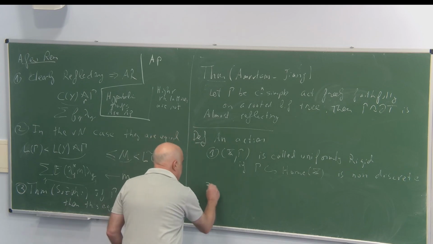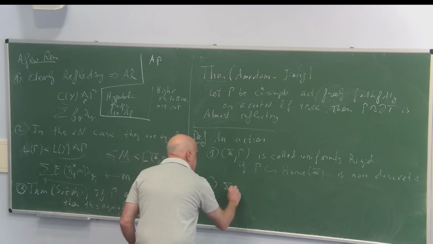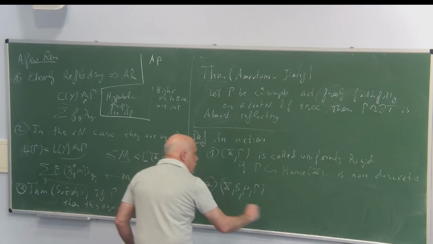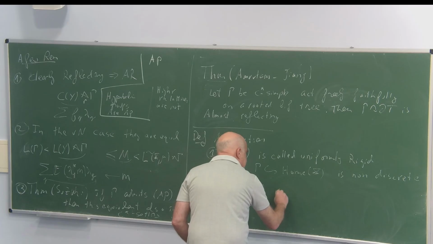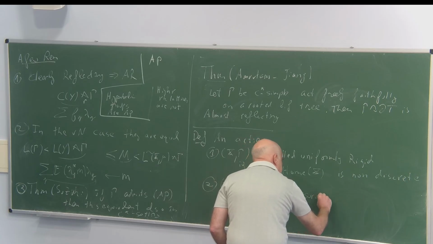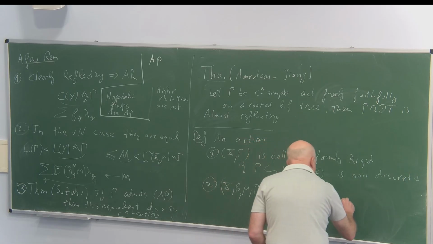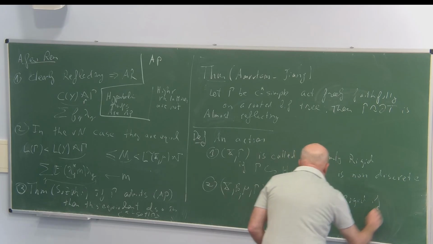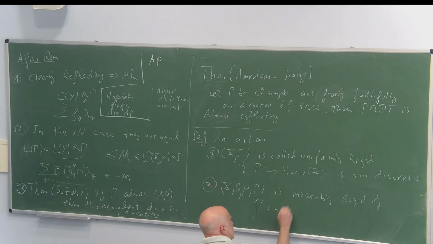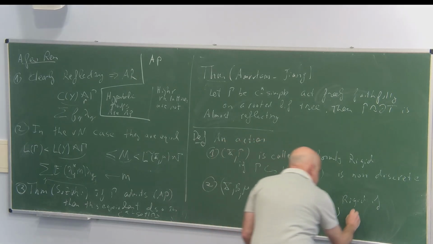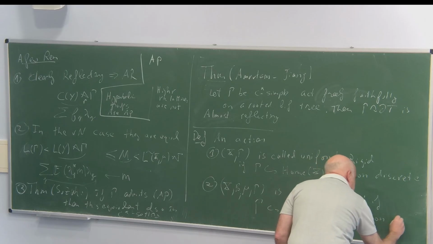And you can give the same definition in the ergodic theoretic setting: it is measurably rigid if gamma inside the automorphisms of (X, B, mu) is non-discrete.